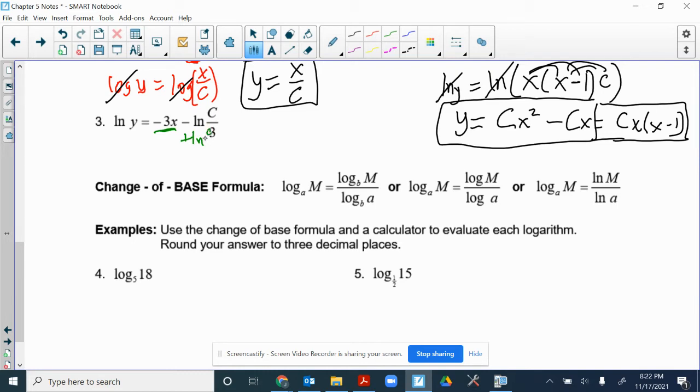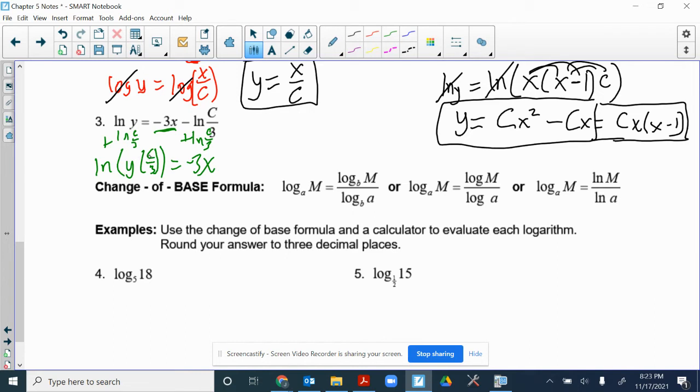So we're going to add natural log of c over 3. And then because I'm adding here, I'm going to do this in the same step. Hey, if I'm adding, that means it's the same as multiplying, right? So y times c over 3 equals negative 3x. Okay, so now comes what we need to do, because guess what? We want to try to get y.